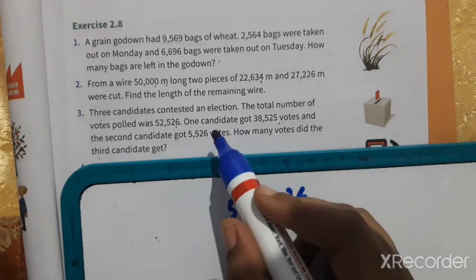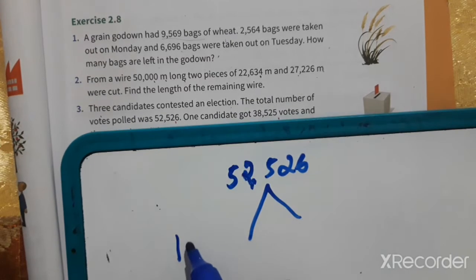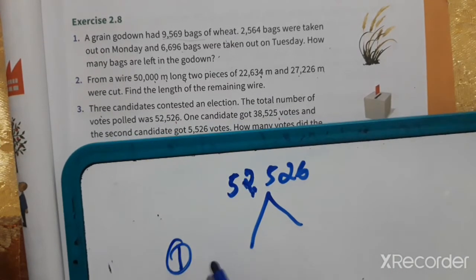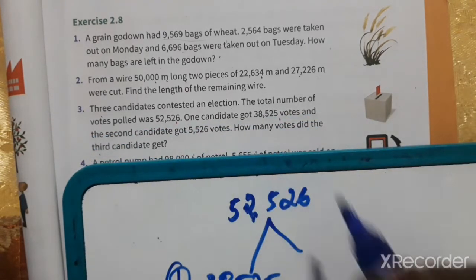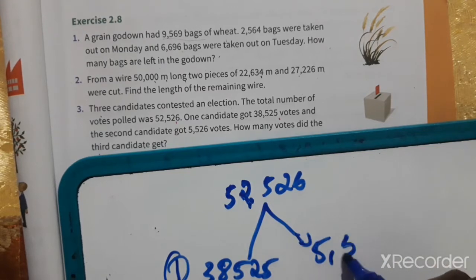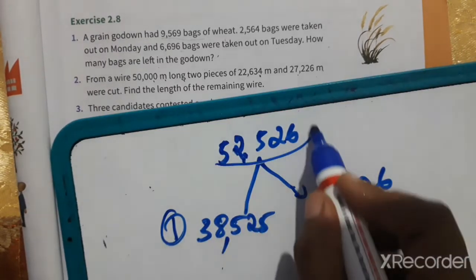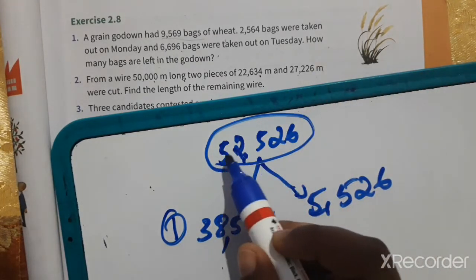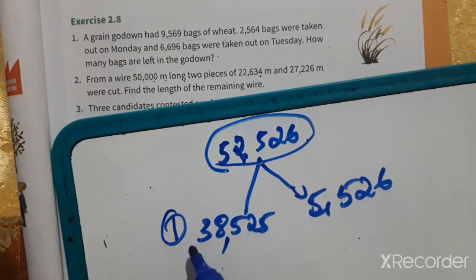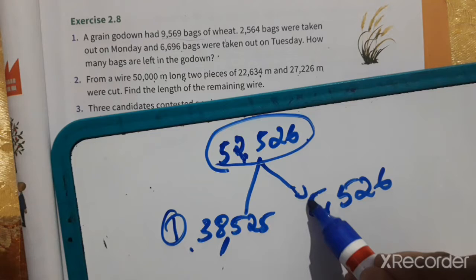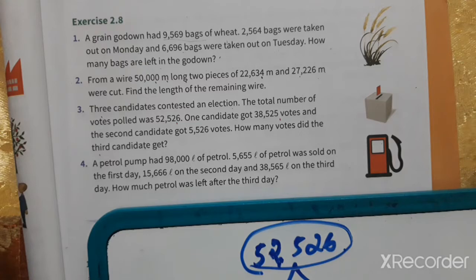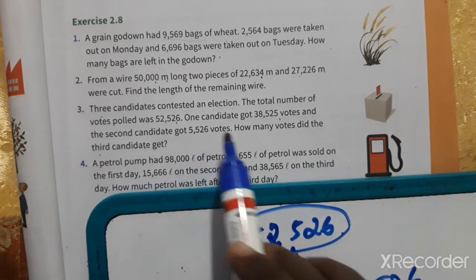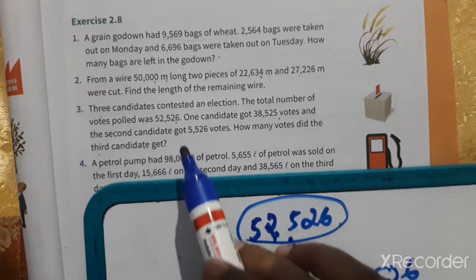In that, first candidate got 38,525 votes, and the second candidate got 5,526 votes. Now how many votes did the third candidate get?